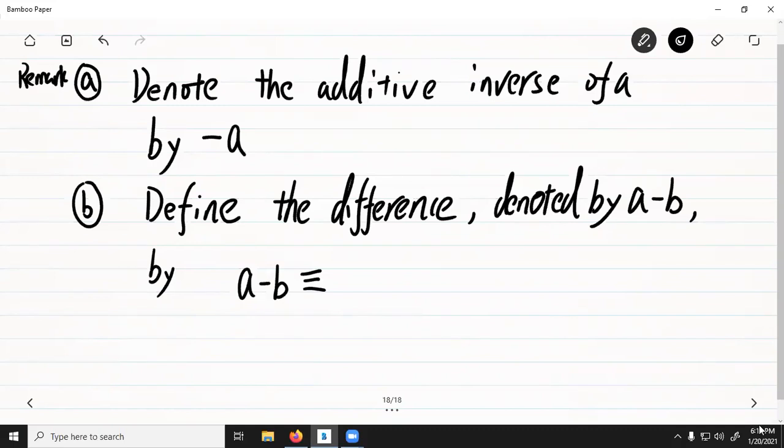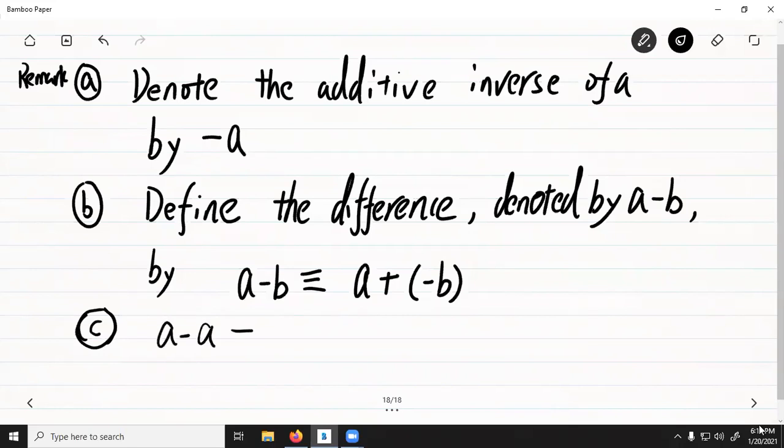A minus B is actually A plus the additive inverse of B. This is called A minus B. Okay, the third one: what is A minus A with this definition?